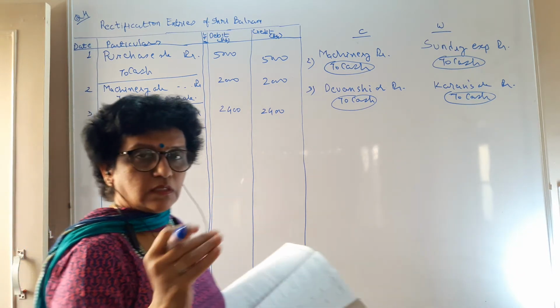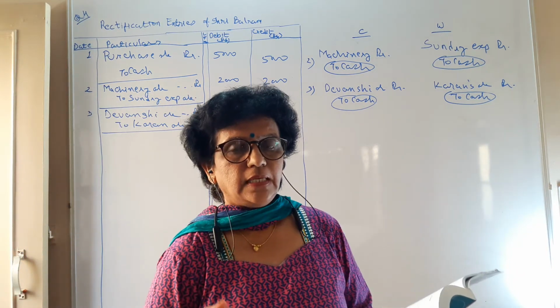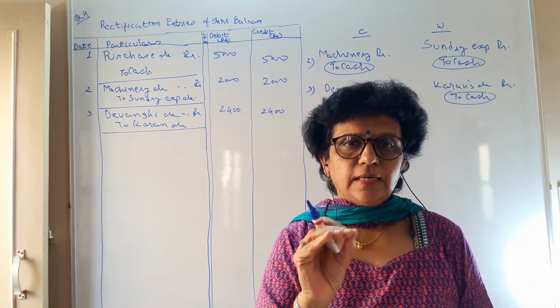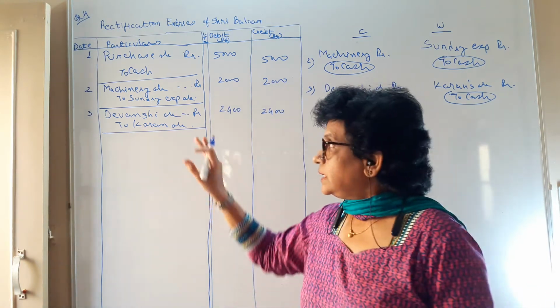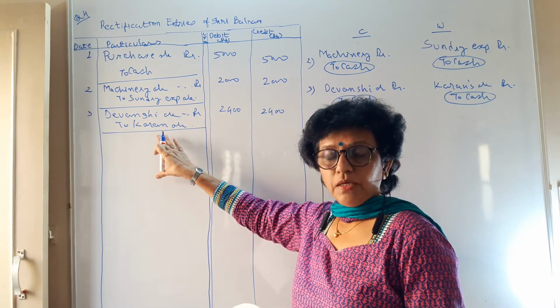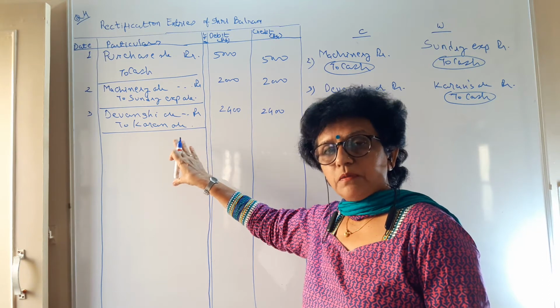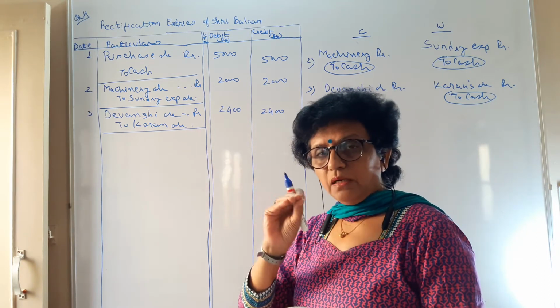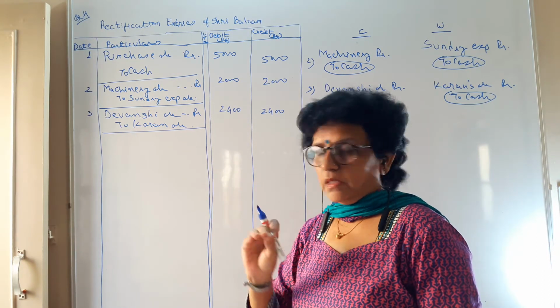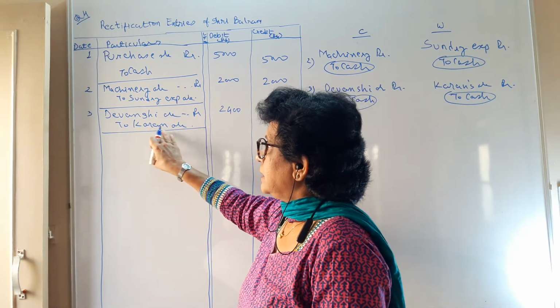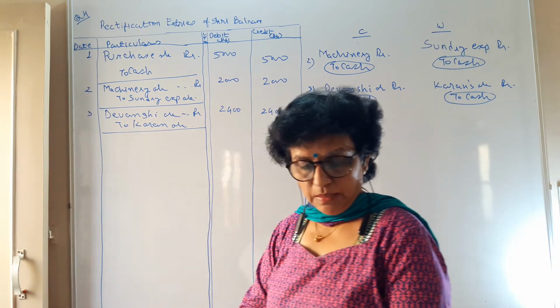See, the difference between the normal narration and the rectification entry is that after 'being' you compulsorily have to write the word rectification, because here logically things may not be the same as per the rules of accounts. We are doing it for some specific purpose, so the word rectification entry is important. So: being rectification entry for wrongly recorded current account instead of Devanshi.